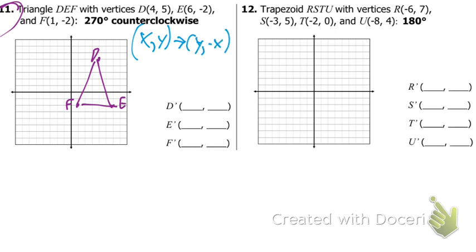So 4, 5 becomes 5, -4. 6, -2 becomes -2, -6. And 1, -2 becomes -2, -1. So if I graph all of these, I end up getting this triangle.